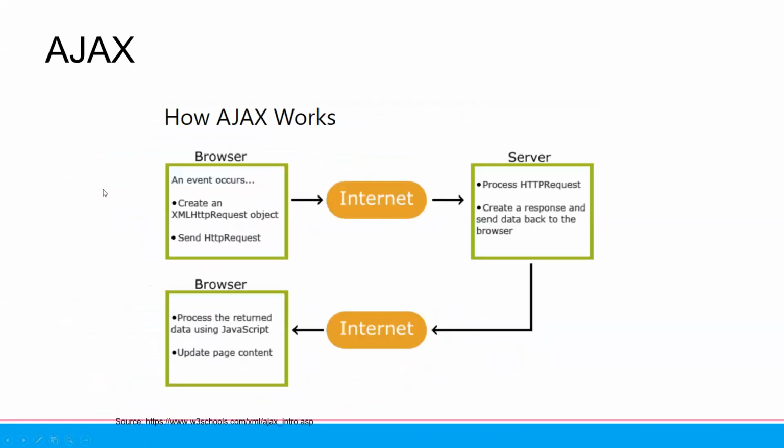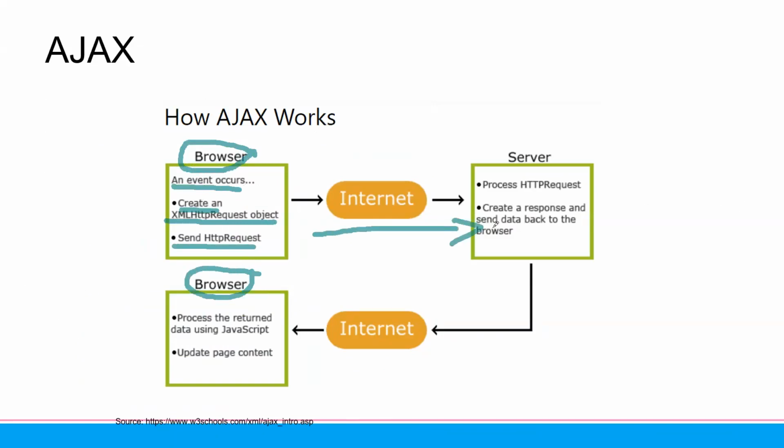How does Ajax work? When you have a browser and an event occurs, let's say I click something. After I click, it will create an XMLHttpRequest object, and it will send an HTTP request.